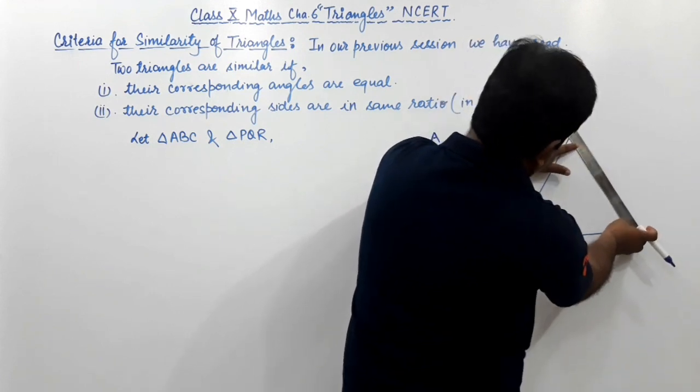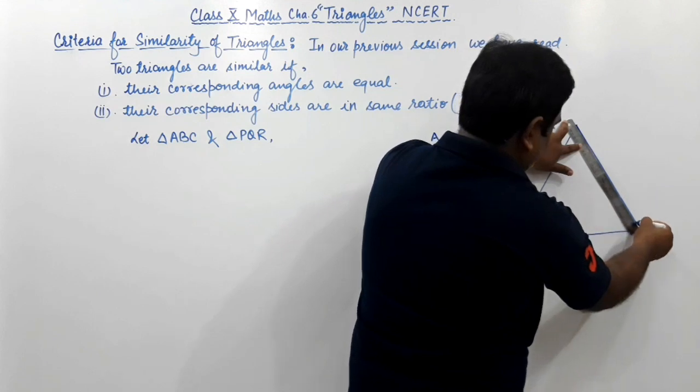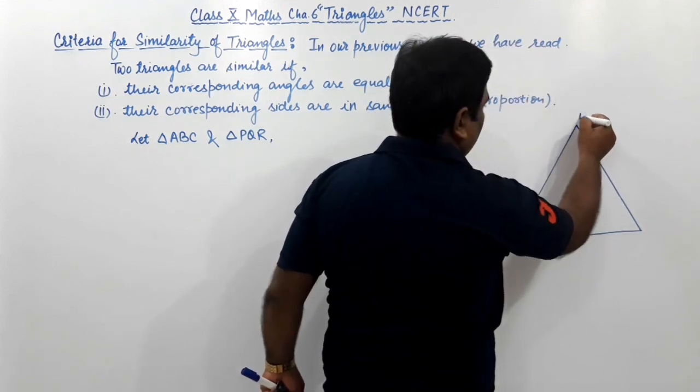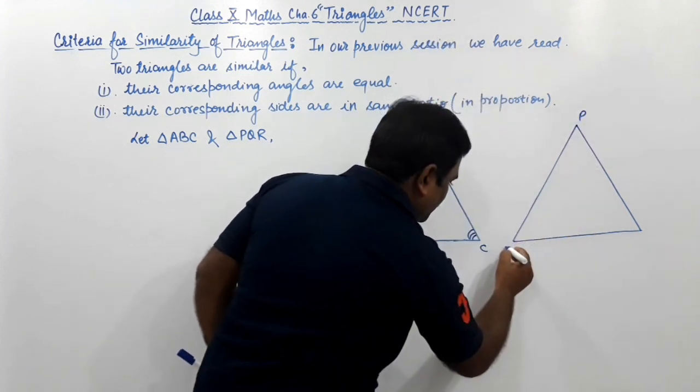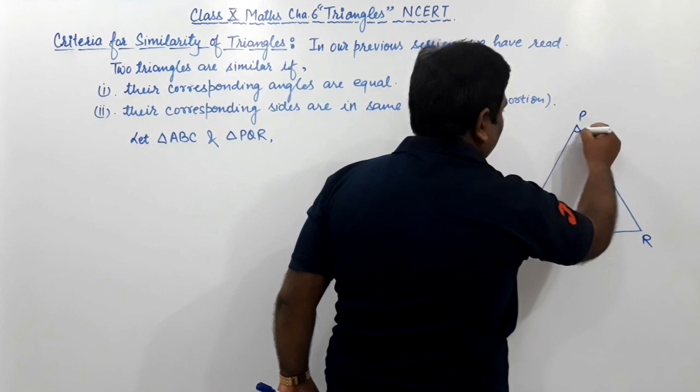It is your triangle PQR, with vertices P, Q and R.